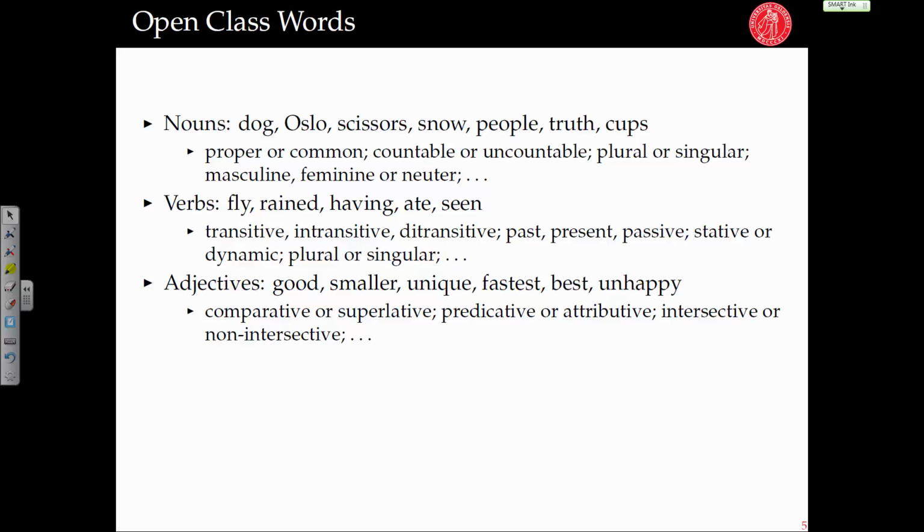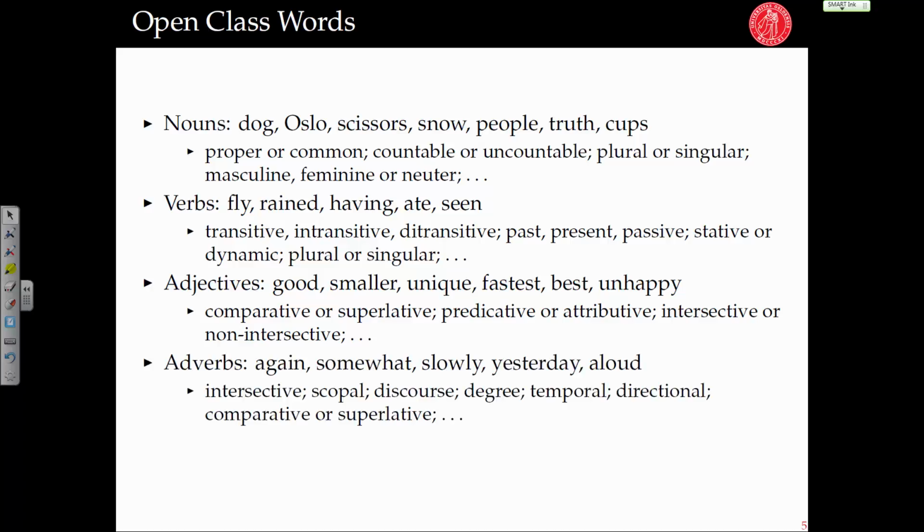So a predicative adjective would be something like the cat is unhappy. An attributive adjective would be the unhappy cat. So it depends on the position of the adjective. Adverbs are words that are very similar in a sense to adjectives, but they modify verbs, and they also could modify other adverbs or other adjectives.